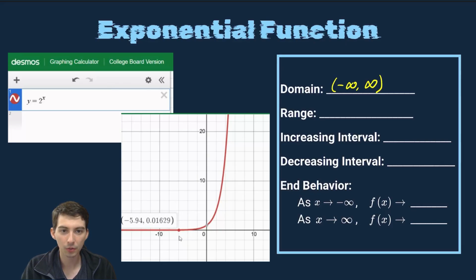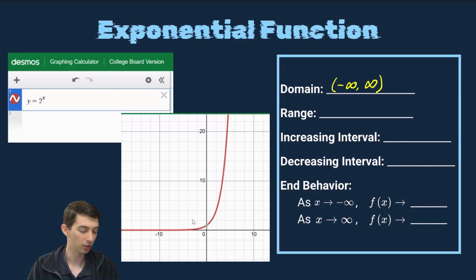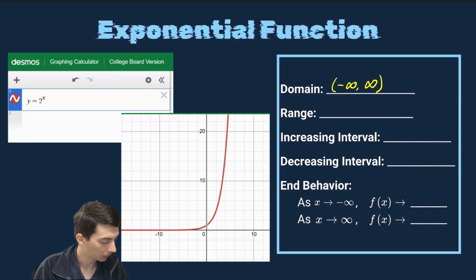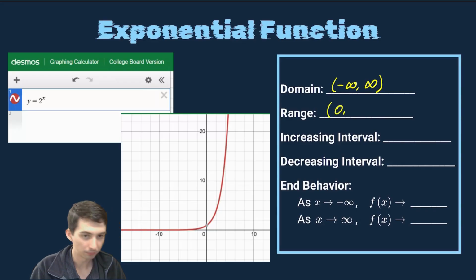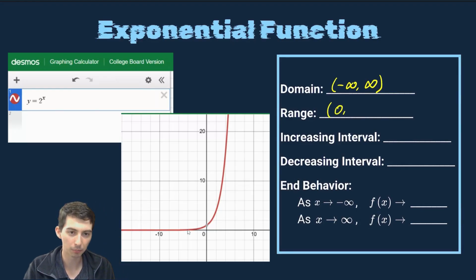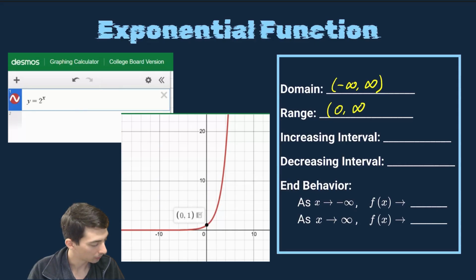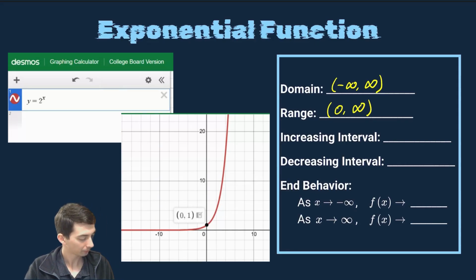And so what we're going to do is we're going to use that parentheses. So my lowest point is 0, but I'm going to use the parentheses around it to say that we're never actually touching 0. We're just getting really, really close to it. After that, obviously, we see that this graph is going up forever. So it's going to get a parentheses like that.